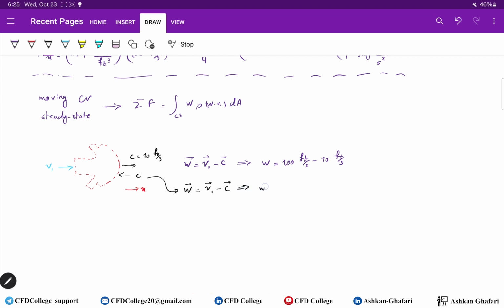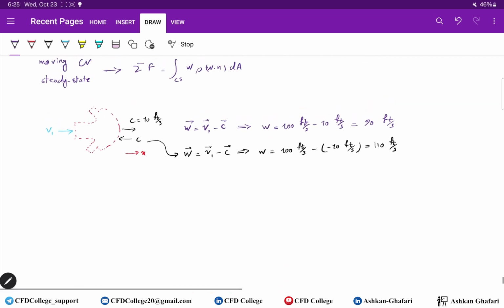So you will end up with W equals 100 feet per second plus, actually minus minus 10 feet per second, 110 feet per second. Why? Because C is in the opposite direction, so it's negative, and you will have that. But in our problem, it's equal to 90 feet per second.